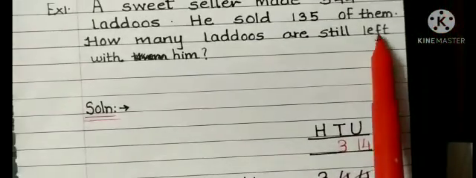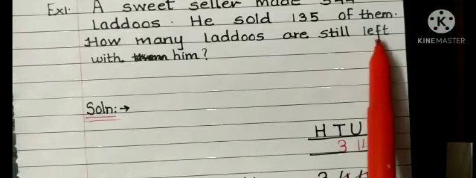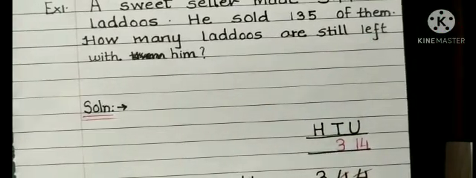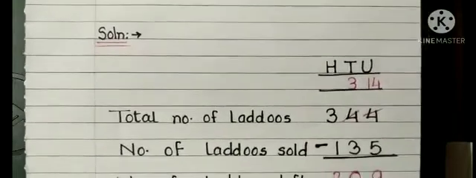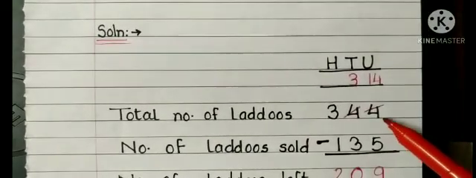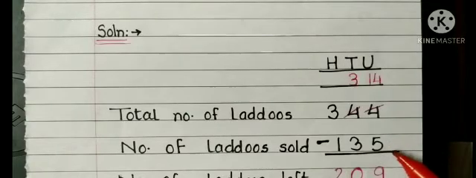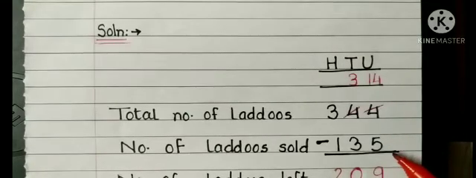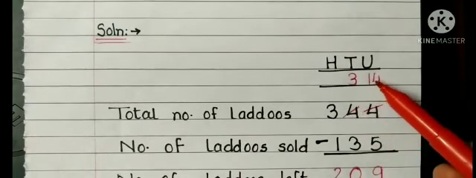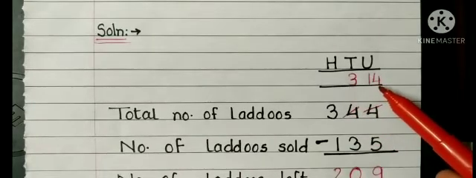Now here the word left is a keyword, so we have to do the subtraction. You can see here, we cannot subtract 5 from 4. So we borrow 1 from the tens place.